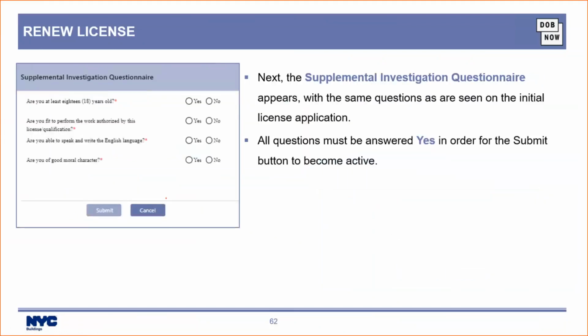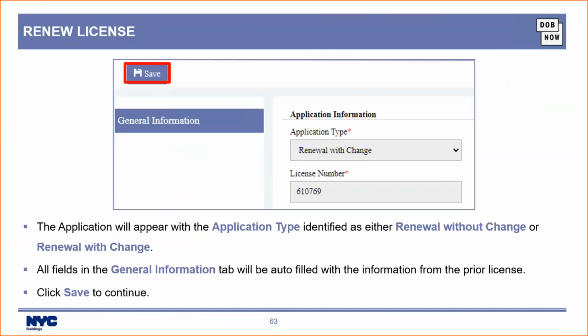Now, very similar to what we just saw Martha doing, we're going to have to answer these questions on the supplemental investigation questionnaire. All the questions will have to be answered yes in order for the submit button to become active. Okay, the application will appear within the application type identified either as renewal with change or renewal without change.